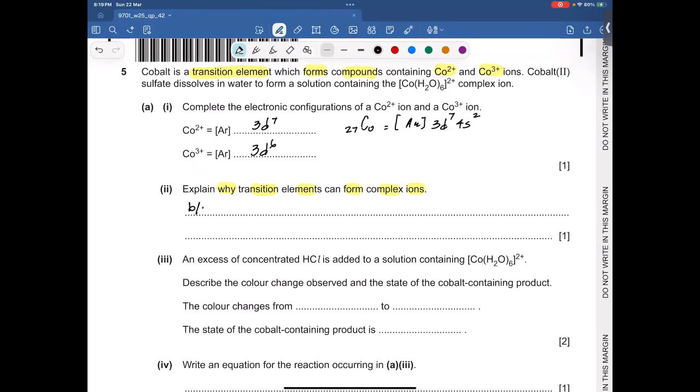Because energetically vacant orbitals are available for bonding.